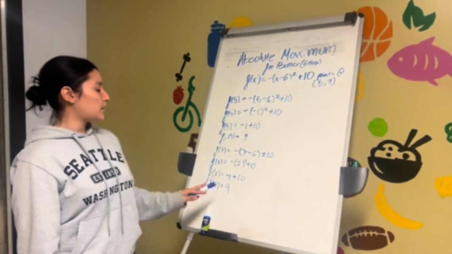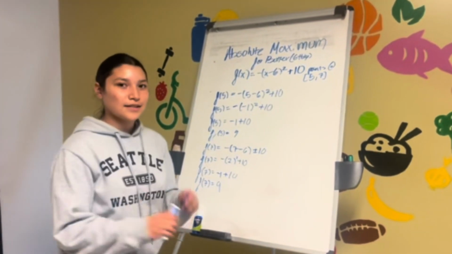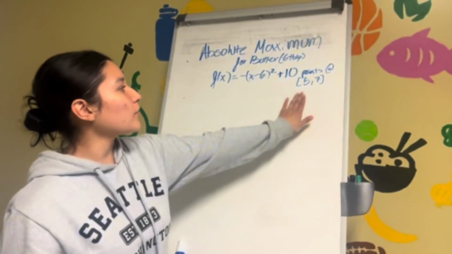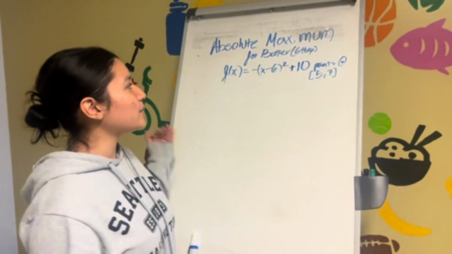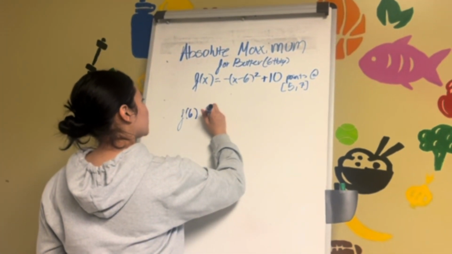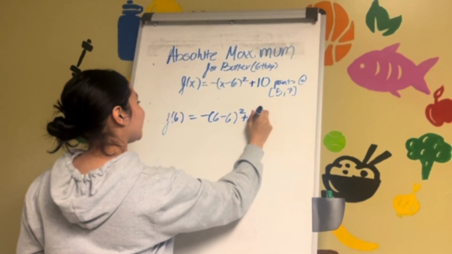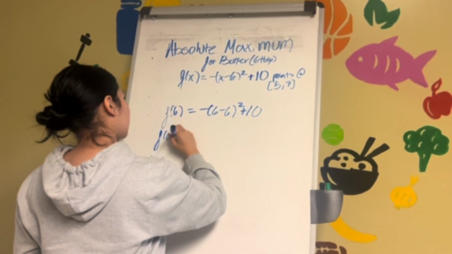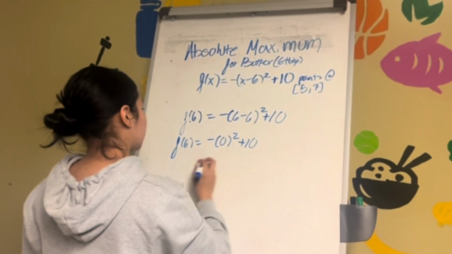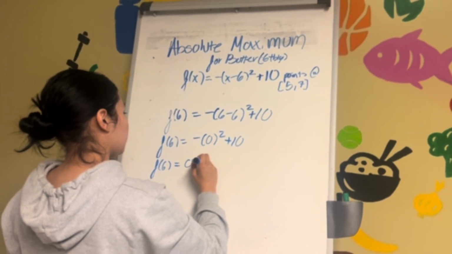Now we know that our absolute maximum has to be between 5 and 7, since f of 5 is 9 and f of 7 is also 9. We need to plug in f of 6 since it's the only number in between both of them. Double checking f of 6 to see if it is our absolute maximum: 6 minus 6 squared plus 10 gives us 0 squared plus 10, which is 0 plus 10.